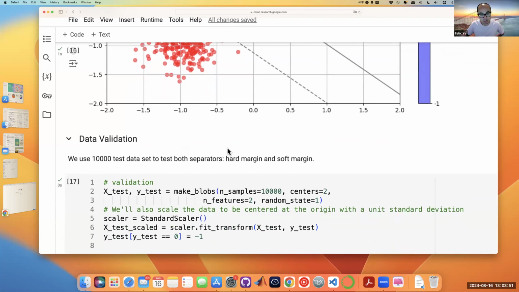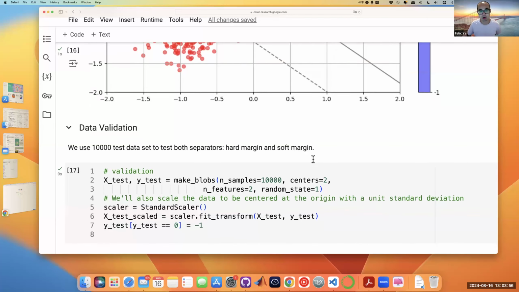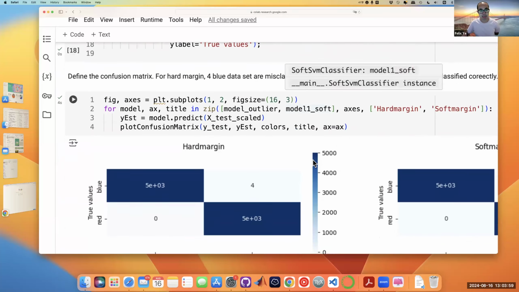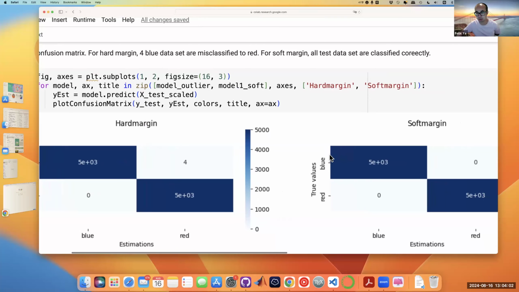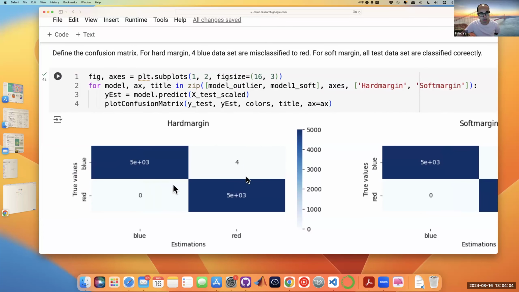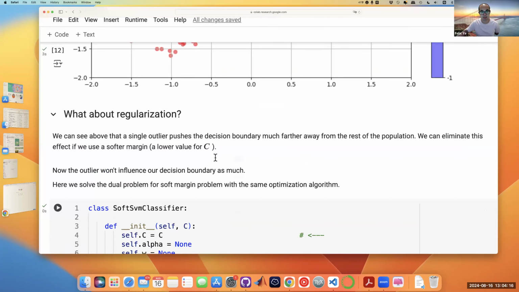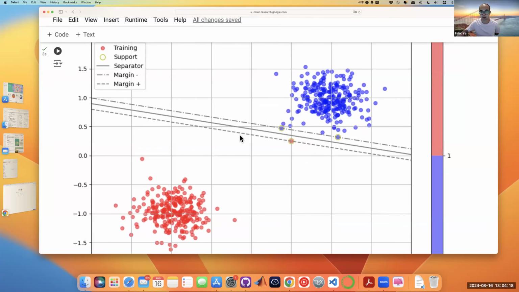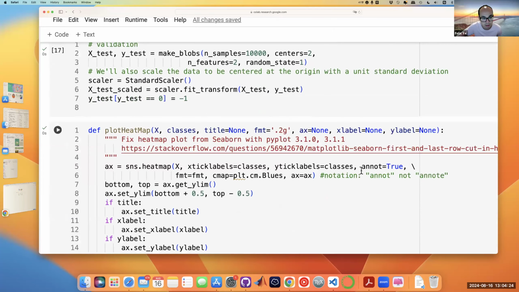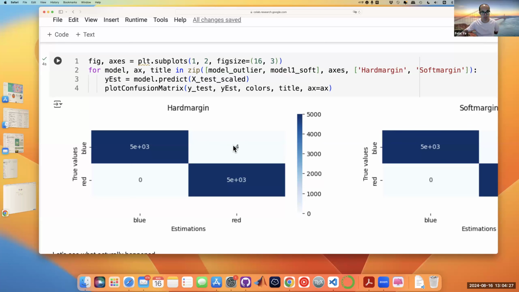All right, and we can also validate with an additional 10,000 test points for both hard margin and soft margin. In these cases, we can find out, if we're using hard margin right here, this is something called a confusion matrix. That means if the true label is blue, and we're using this line here, there will be 4 points being classified as red instead of blue.